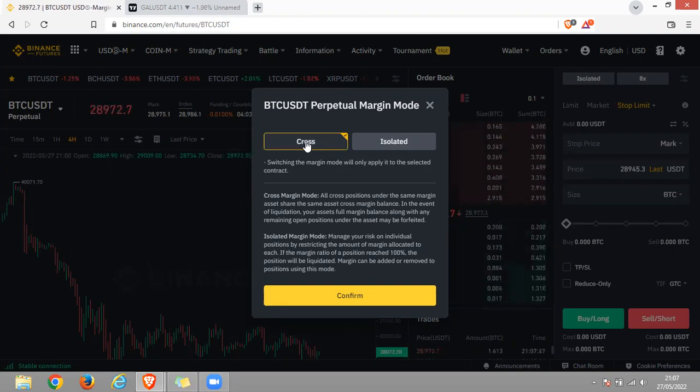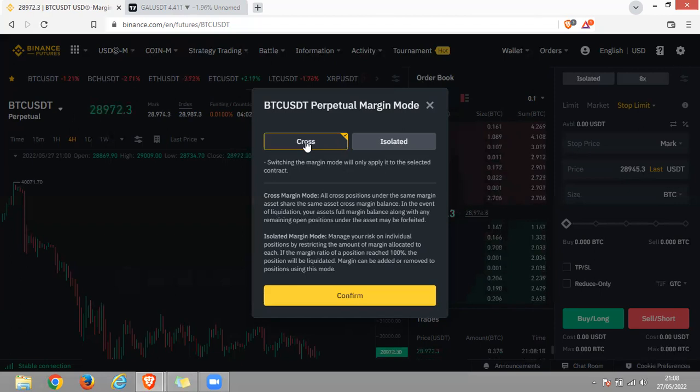So let's fall back to Binance terminology. In cross, I have $1,000 on futures, but I decided to use $500 to enter a trade on BTC USDT. If the trade went against me to the point that I've lost almost my $500, that's the liquidation point. As long as I don't close in loss, Binance will automatically fall back to my outstanding balance of $500 just to sustain the trade.